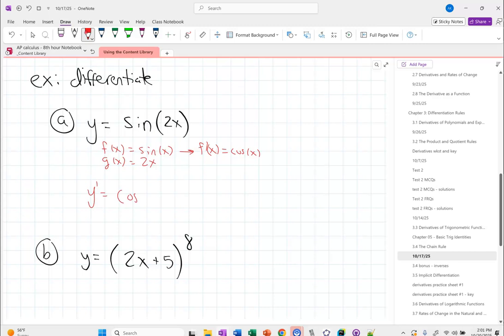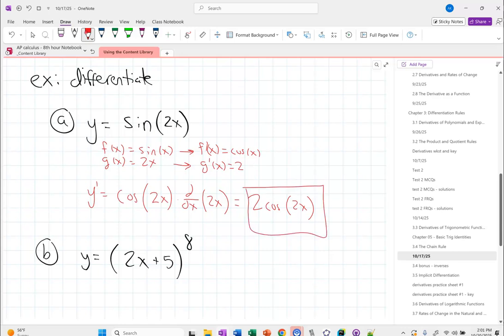I'm going to have cosine of the inner times the derivative of the inner. And the derivative of the inner is 2, right?